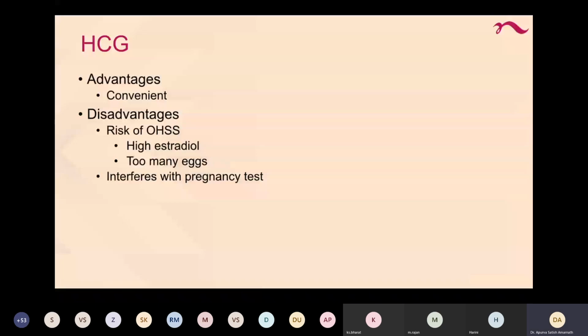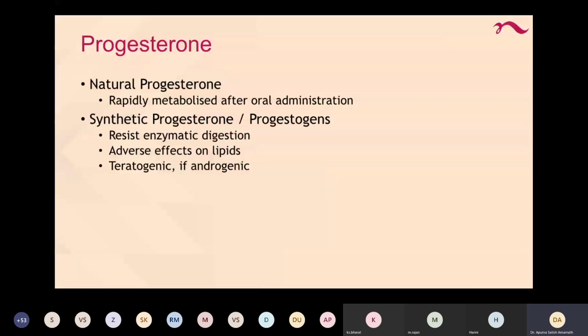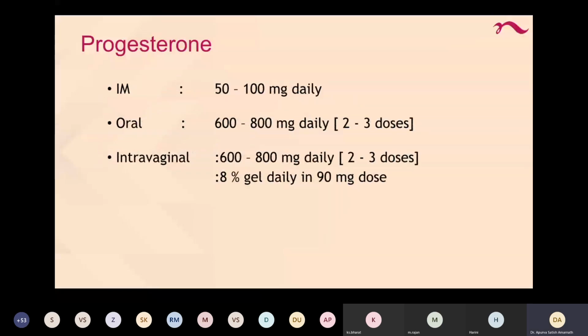Next, coming to the progesterones. Natural progesterones usually are rapidly metabolized after oral administration, and synthetic progesterones are also available, which resist enzymatic digestion, but have adverse effects on lipids, and they can be teratogenic if androgenic. So most of the time we do use natural progesterones in IVF. Progesterone can be given in multiple routes.